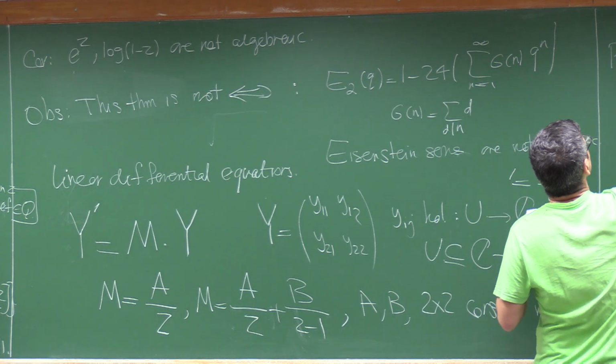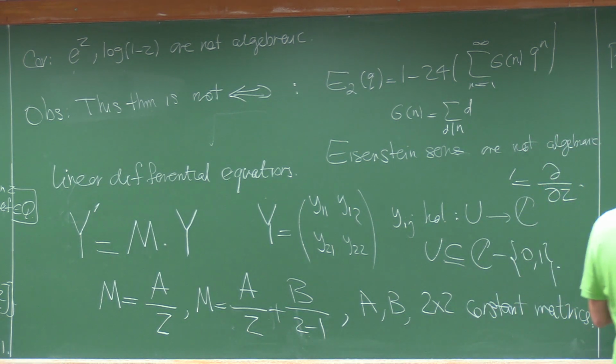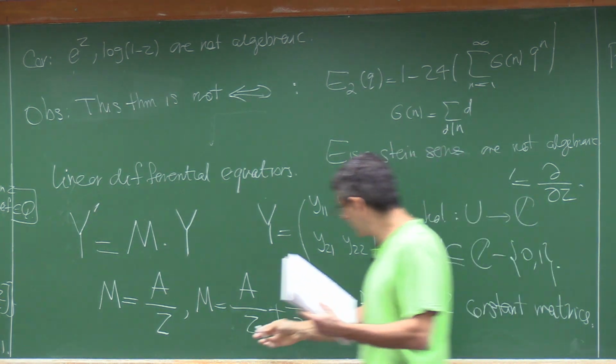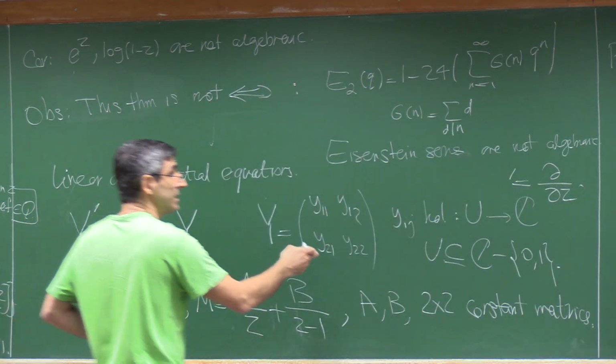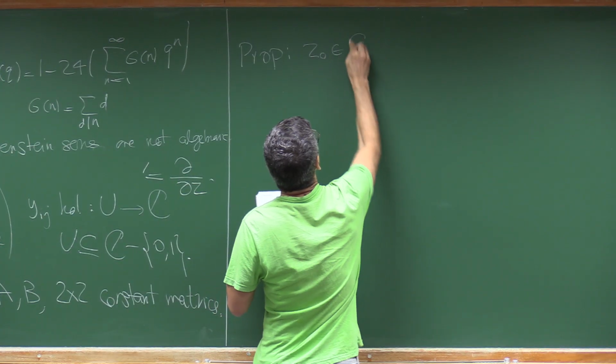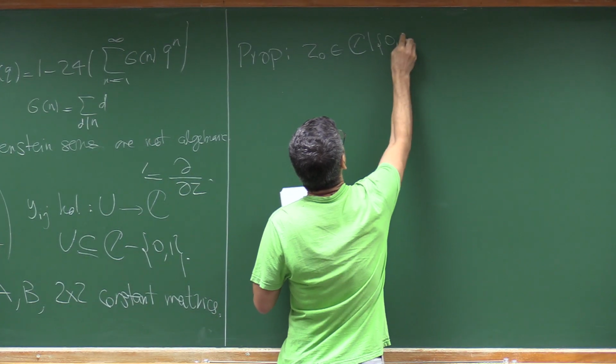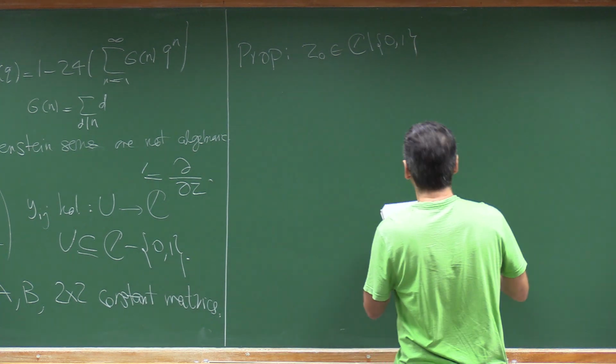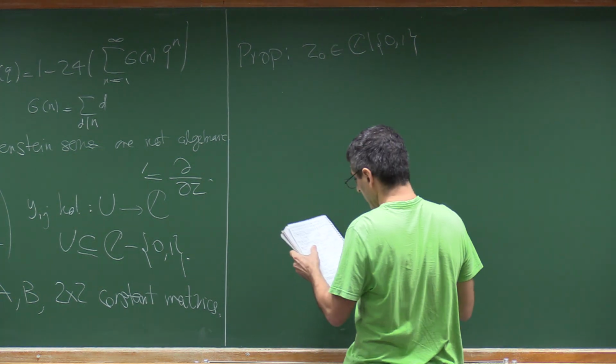This is an easy proposition. Since I have already used 0 as a pole here, I will write the Taylor series at a different point, so let's take z0 not in {0, 1}. If you want, you can take z0 an integer.